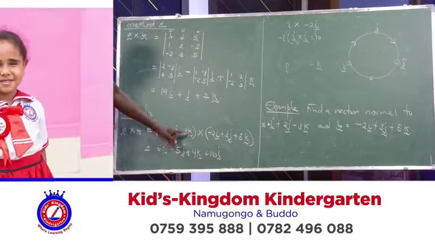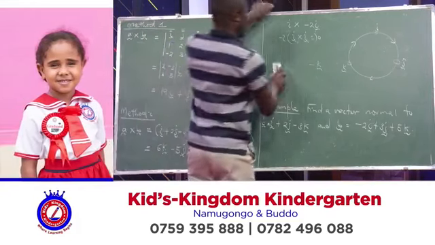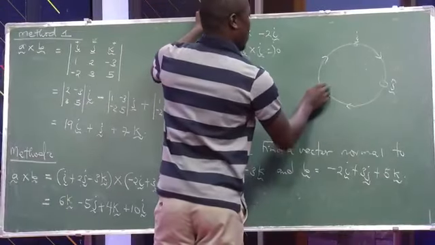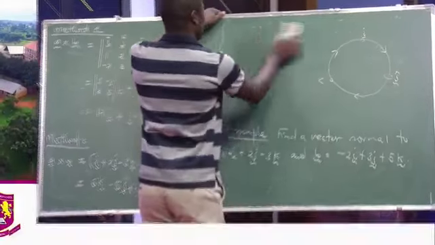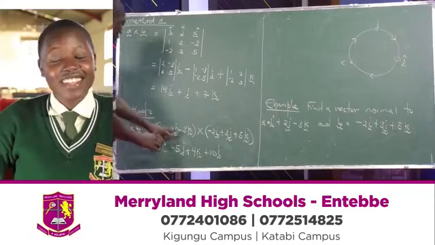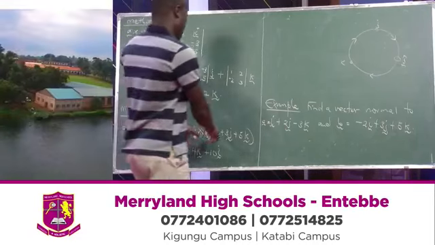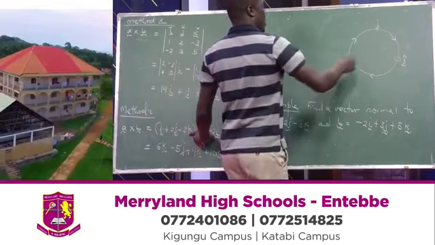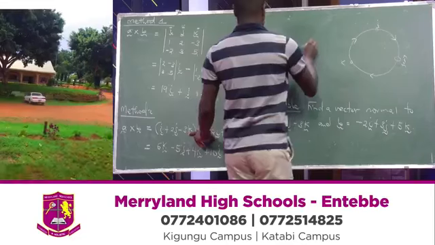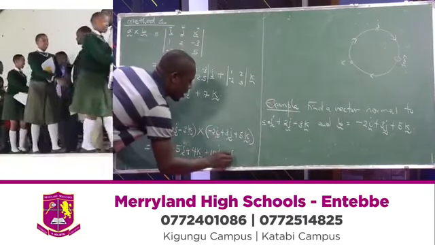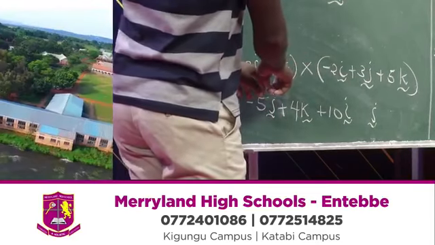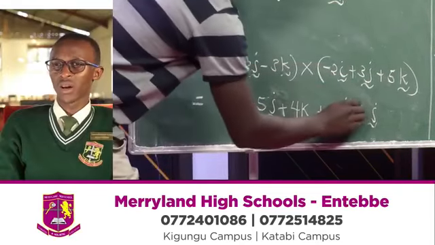Then we come to this guy here. I'm going to need this diagram. So we have K and I. We are now here. K cross I, that is positive J. So we have positive J. It's positive. But then we have this and that, which gives us positive 6.